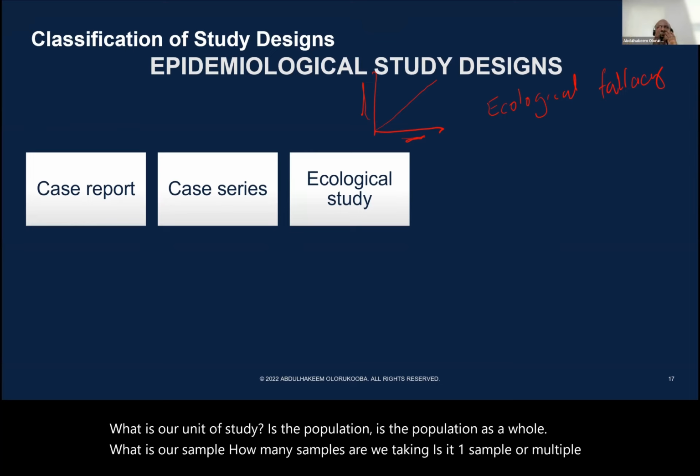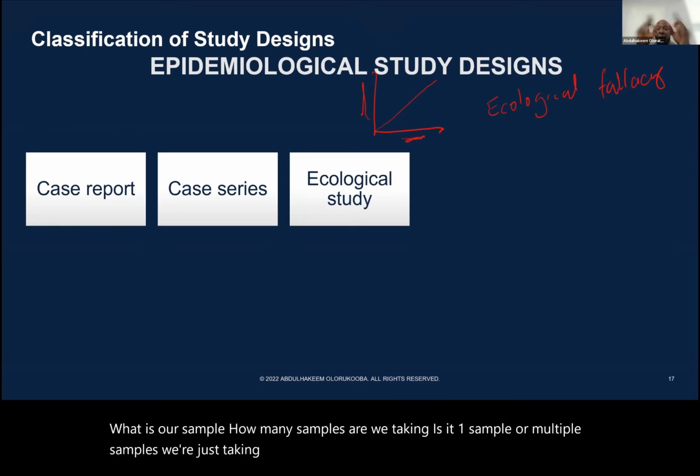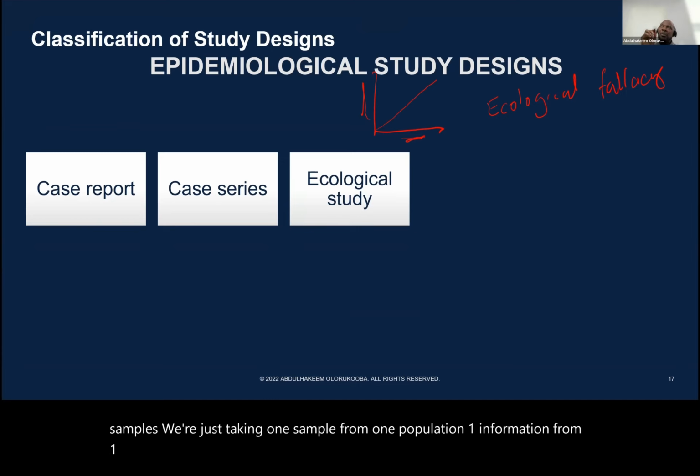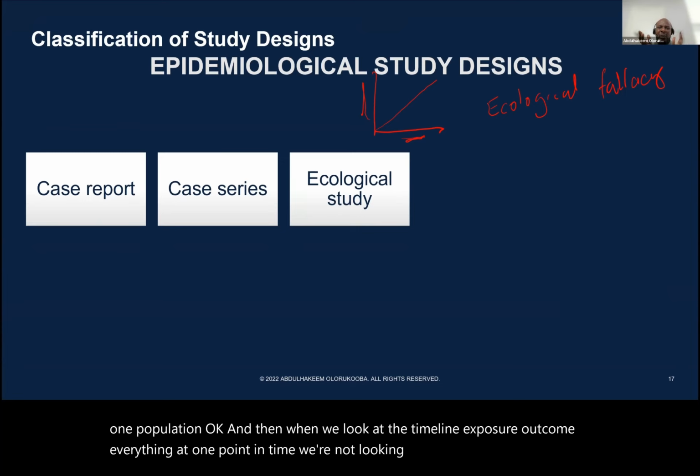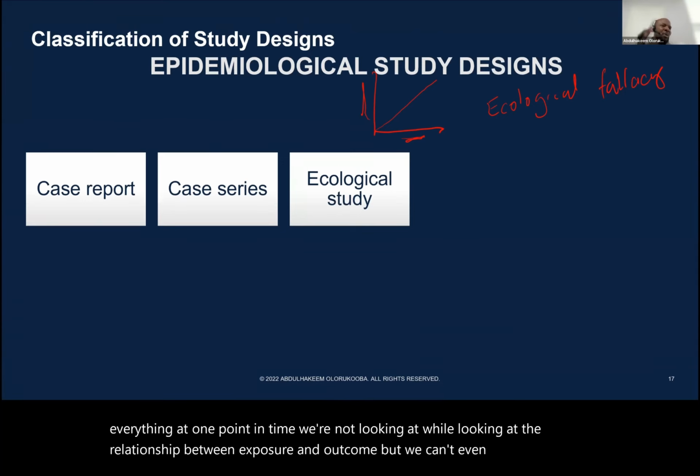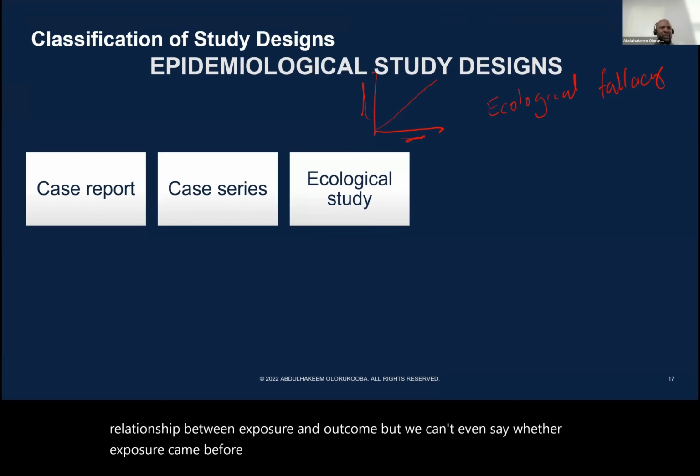We're just taking one sample from one population, one piece of information from one population. And when we look at the timeline, exposure and outcome are all at one point in time. We're looking at the relationship between exposure and outcome, but we can't even say whether exposure came before outcome or outcome before exposure, because we're just getting everything at once.